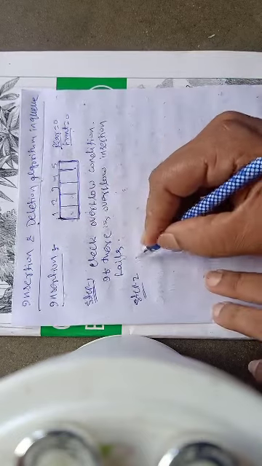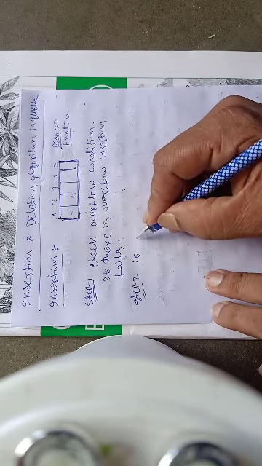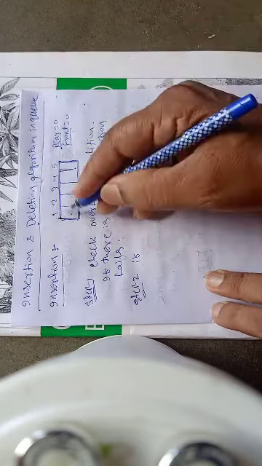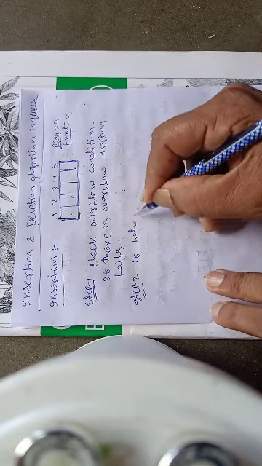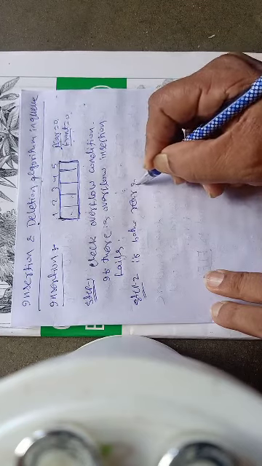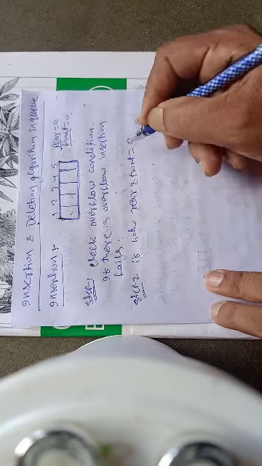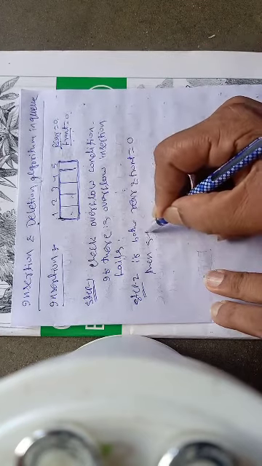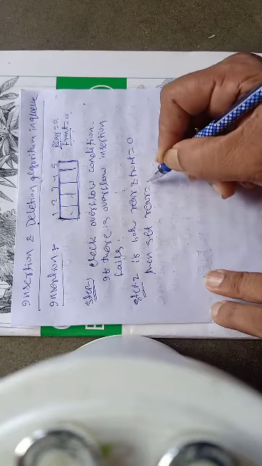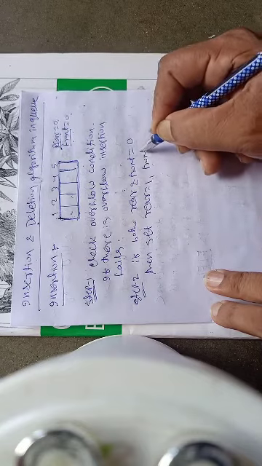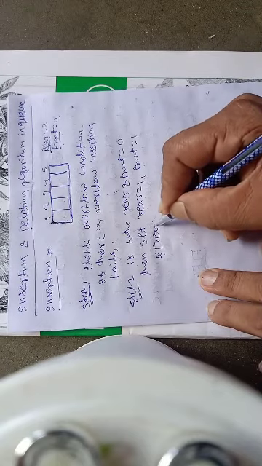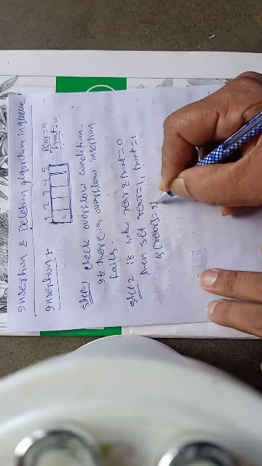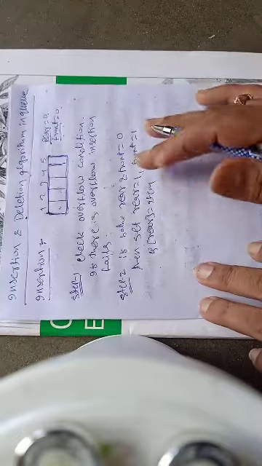So how do you ensure that the queue is empty? Right now rear is 0 and front is 0. Both rear and front equal to 0. Then set rear equals 1 and front equals 1, and then assign queue of rear equals item. So this is the procedure.